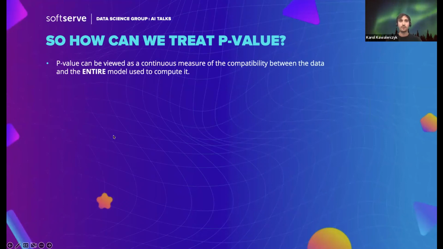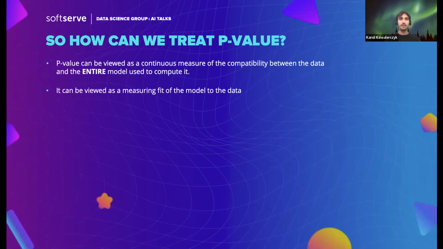A p-value can be viewed as a continuous measure of compatibility between the data and the entire model. So it's safer to say that than it's a probability, because it's a probability at best if our whole statistical model, whole way of thinking about the real world phenomena that we are trying to test, is true. But in the other cases, it's just a measure of how compatible our data is to our model.